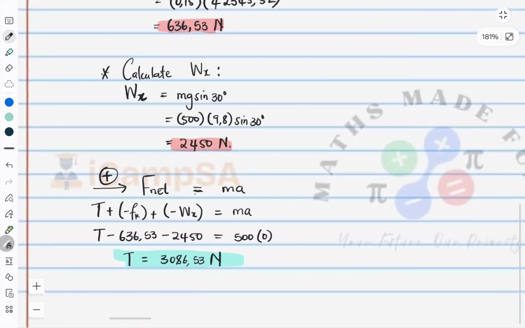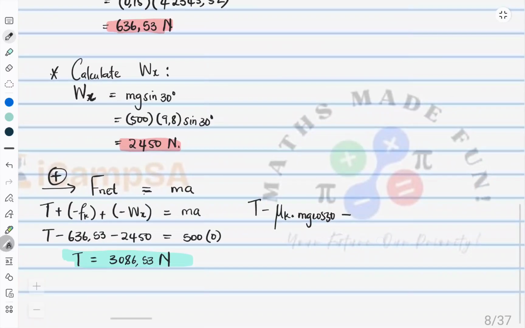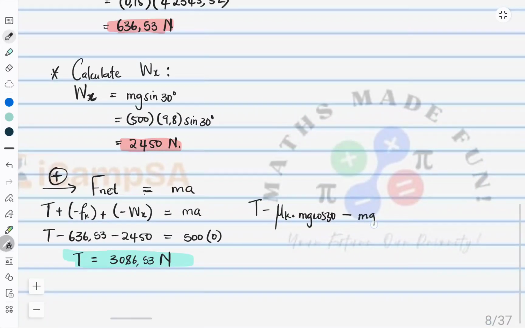Okay, so for tension, you are going to have T minus mu k times N, which is mg cos 30, minus Wx, which is mg sine 30, equals ma.